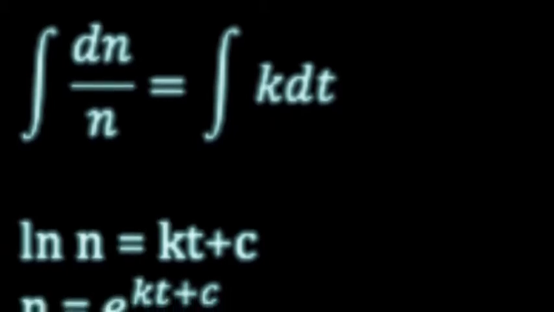Of course, to simplify it further, we exponentiate both sides, having the equation n is equivalent to the exponential of kt plus c. Bringing down c1, we get n is equal to c1 multiplied by e raised to kt.